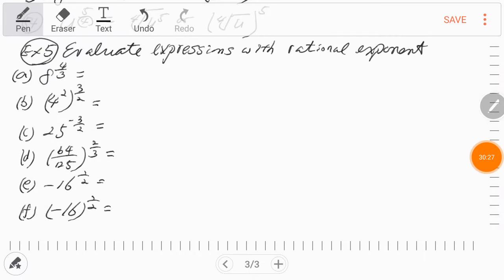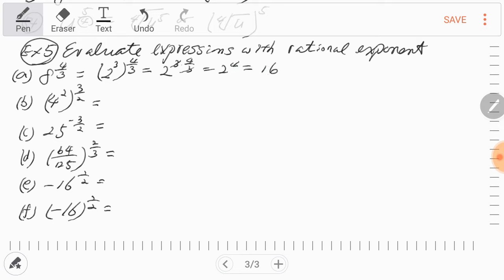Okay, let's evaluate the expressions that have rational exponents. The base is 8, so 8 can be written as 2 cubed, and then raised to the 4/3 power. Then we can multiply the exponents, so 3 times 4/3, the 3s cancel out, 2 to the 4th power, so 16.